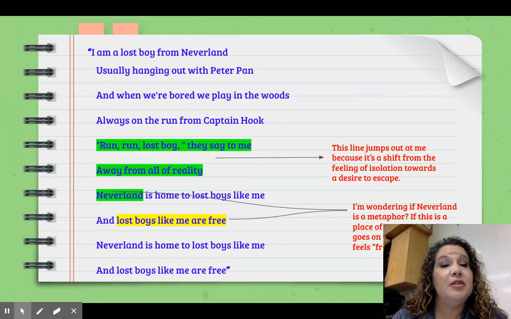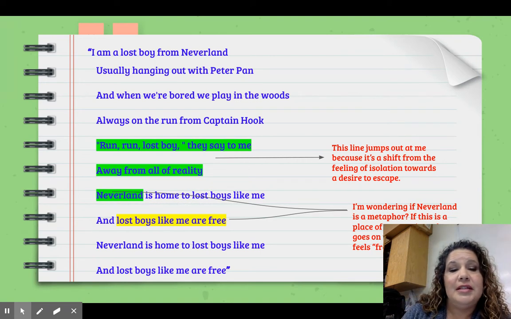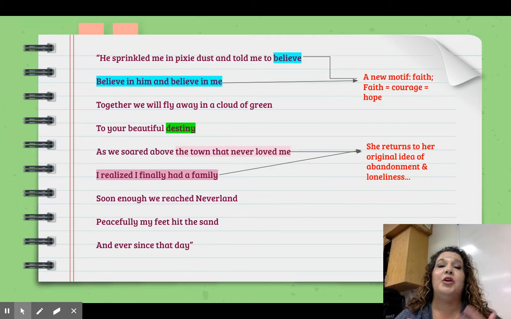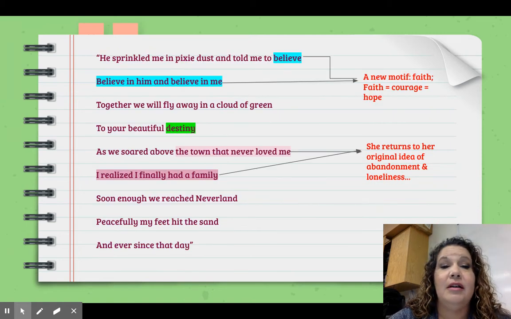And even though they're always on the run from danger, they're escaping reality, and that Neverland is now home to her, and that she is now free. And I notice that she repeats, Neverland is home to lost boys like me, and lost boys like me are free. And I notice that that is a recurring line of the song that she brings back again and again.